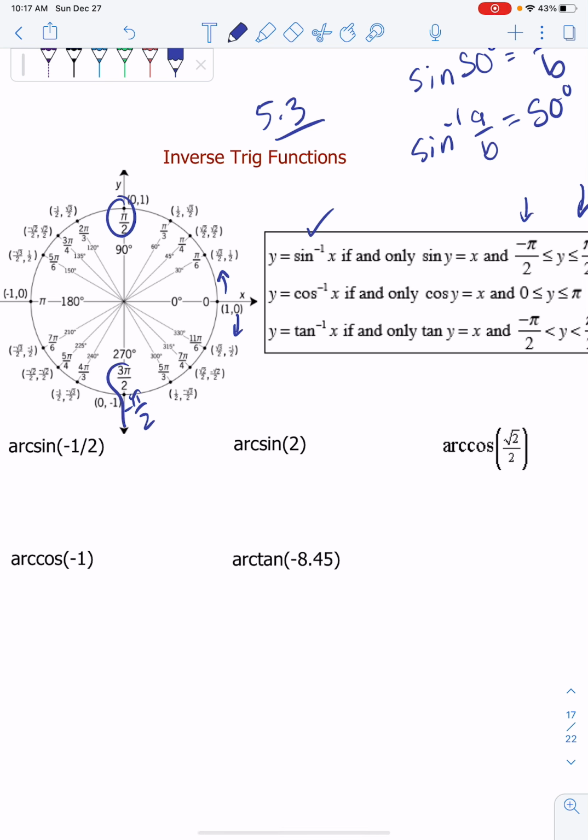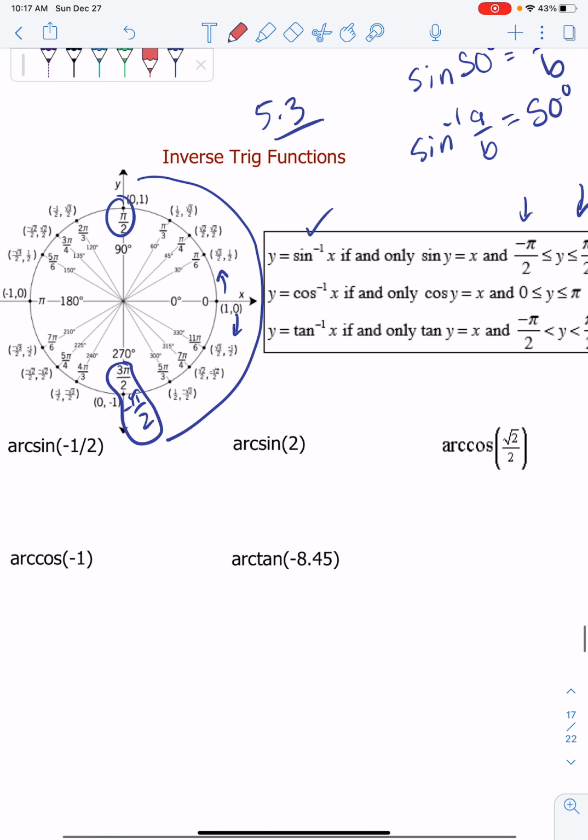So 3 pi halves and negative pi halves are the same thing. When I'm looking for these values using inverse sine, I'm only looking at angles in between here. There's going to be an infinite number of answers, so we limit it to only between negative pi halves and pi halves.